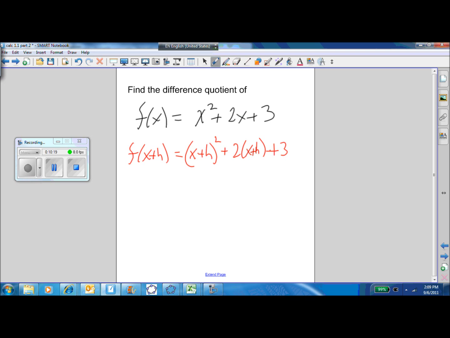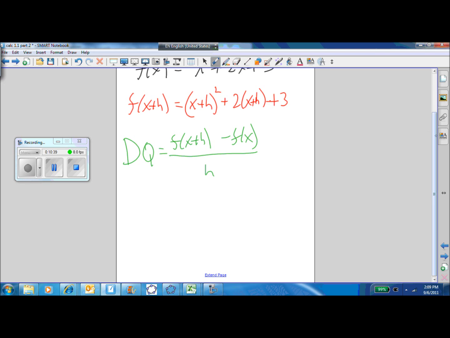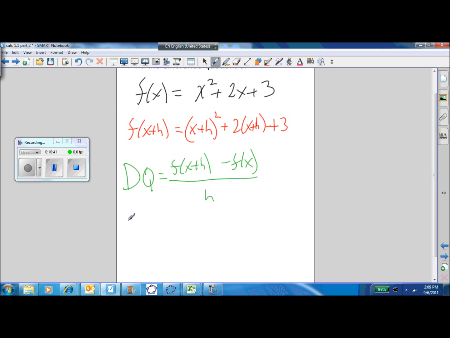So now to do the dq, the difference quotient, that's going to be equal to f of x plus h minus f of x all over h. And each time, you have to be given how f is defined, the function. Don't think you have to memorize that f of x always equals this. It could be anything. So, let's substitute in these values then.